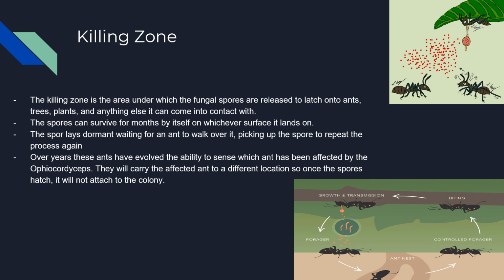So once one of the ants senses another ant has been affected, they will actually pick up that ant and take it far away from their colony. So when the spores hatch, it won't affect their whole colony, because these spores have the capability to wipe out all the ants if they continue to spread.